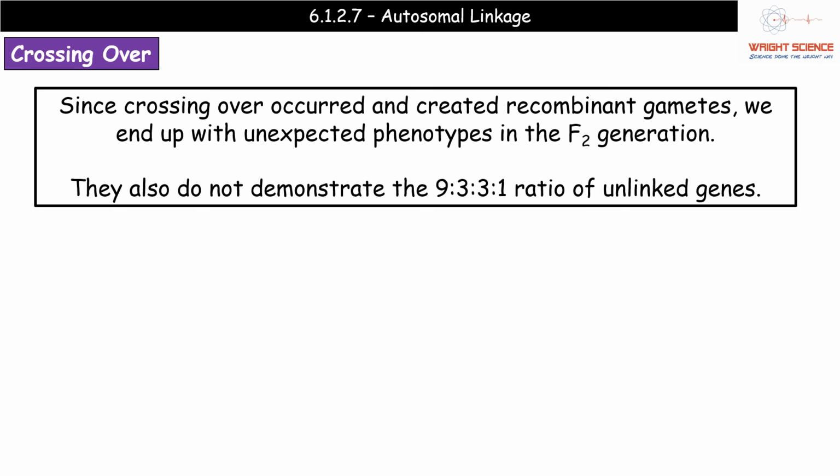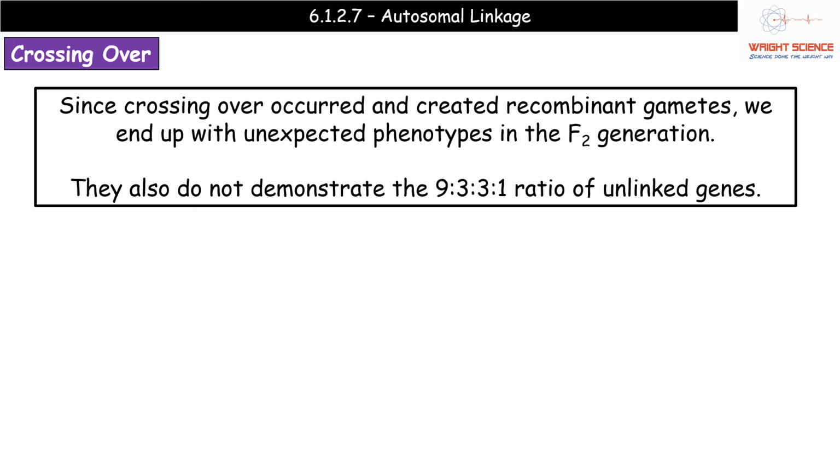Now, because this crossing over has taken place and we've reshuffled those alleles into new combinations, then we can actually end up with what we term unexpected phenotypes in our F2 generation. So what we obviously would have said previously, if we started off with those same 2 chromosomes, they then split into those 4 gametes without the crossing over, then we ended up with obviously just those 2 traits.